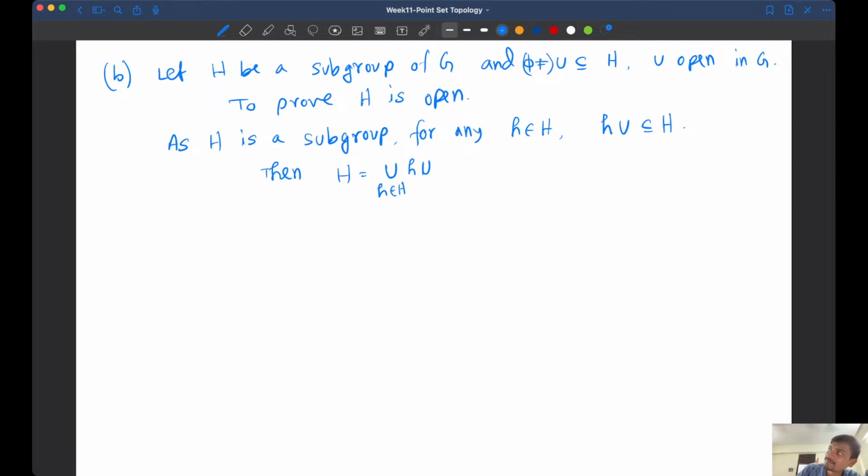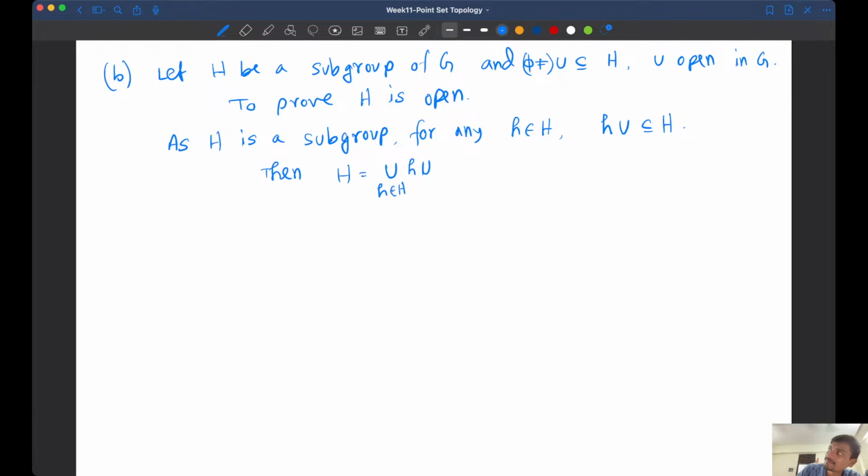Yeah, exactly. So as U is non-empty, you pick any, let's say u naught belongs to U, then you consider u naught inverse U. So e belongs to this set.